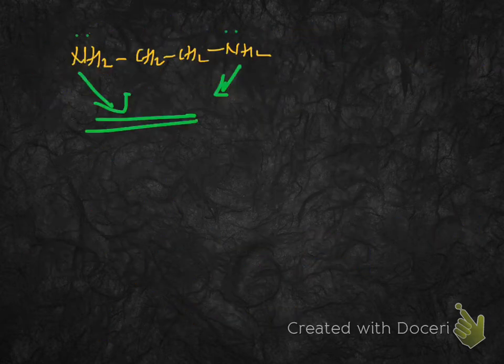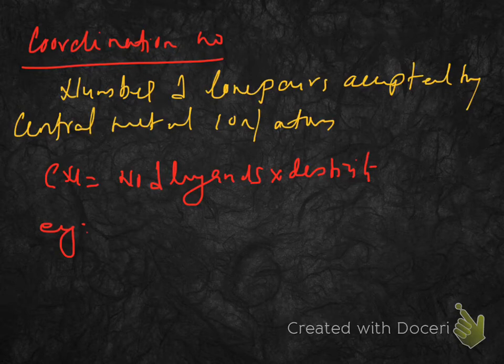That is denticity. But coordination number is connected with the central metal atom. How many lone pairs can be accepted by the central metal atom from the ligands? It can be from the same kind of ligand or different kind of ligand.